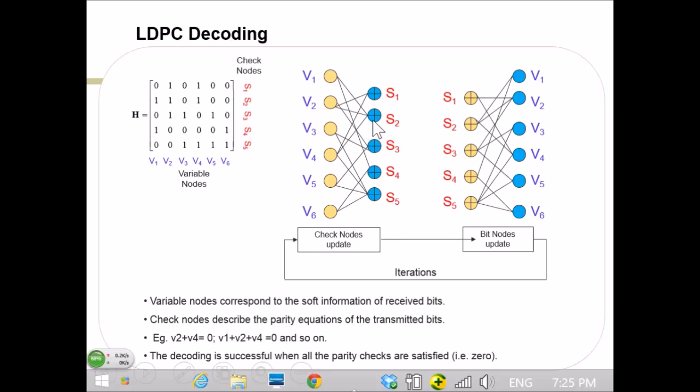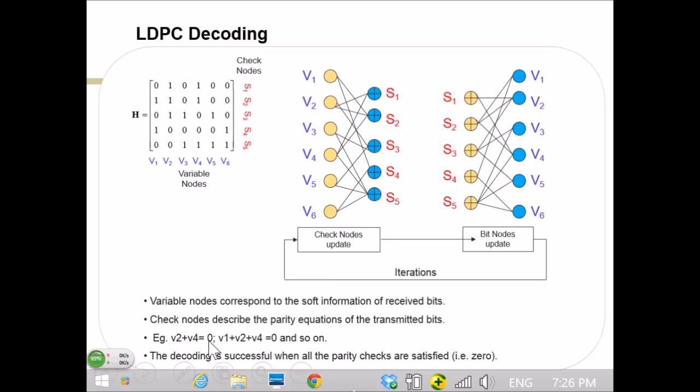And now in terms of the decoding, the way it happens is you have V1 to V6 and then the different syndromes. What we do in the check node update is nothing but computing these syndromes. For instance, this V2 plus V4, we are evaluating what the result is, and similarly V1 plus V2 plus V4. After these syndromes get evaluated, we are going to change some of these bits based on the syndrome.